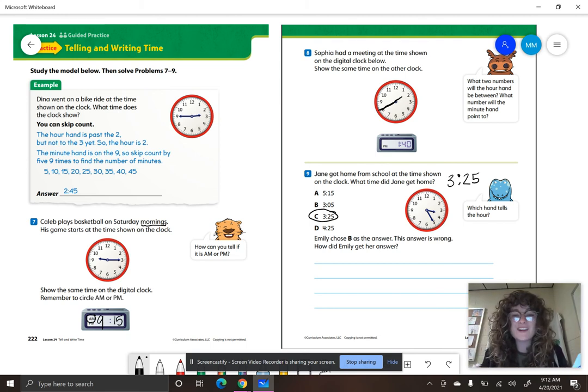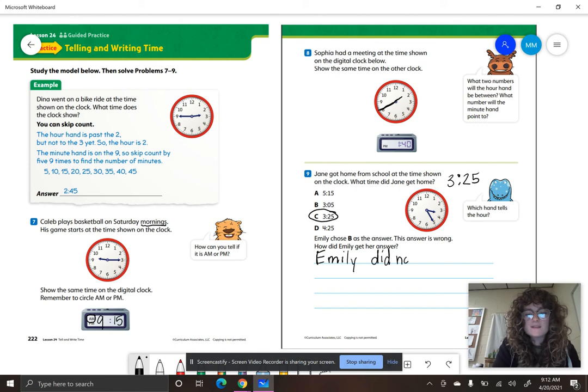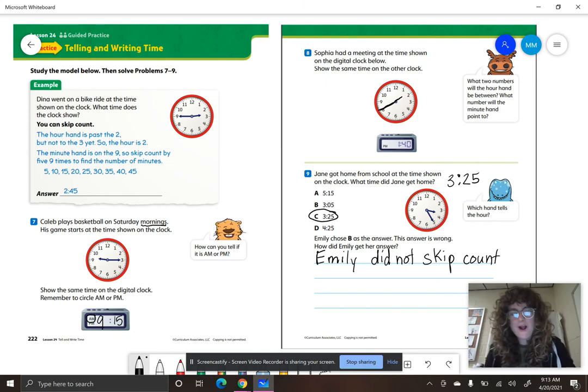So how did Emily get her answer? She didn't skip count by 5s. So we could say Emily did not skip count by 5s 5 times.